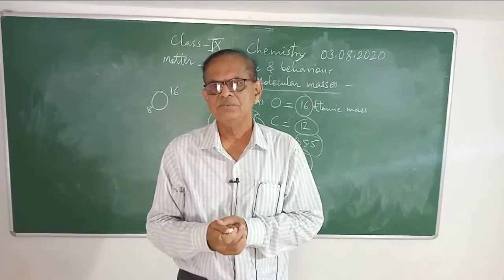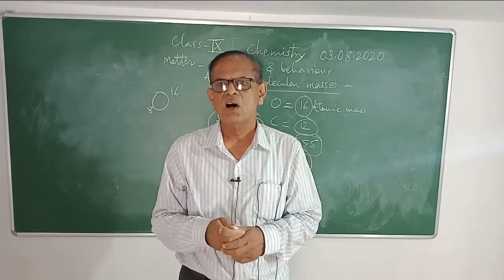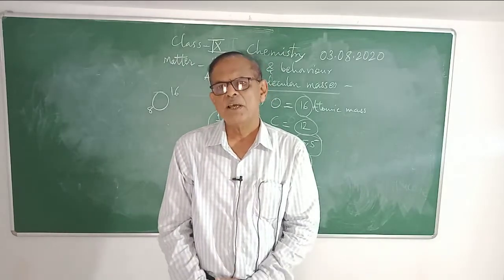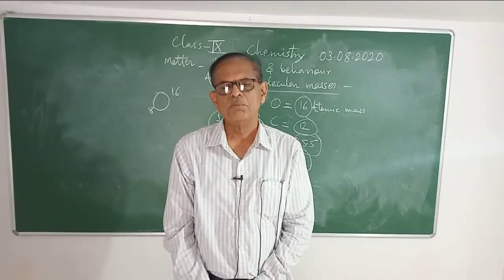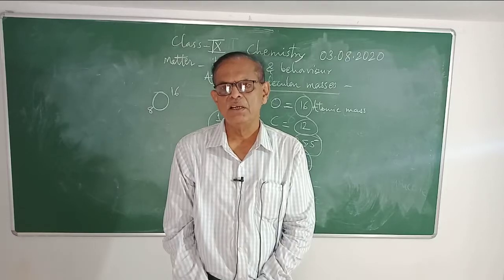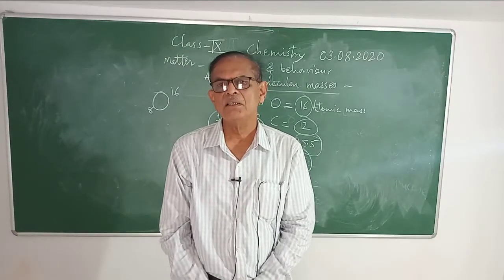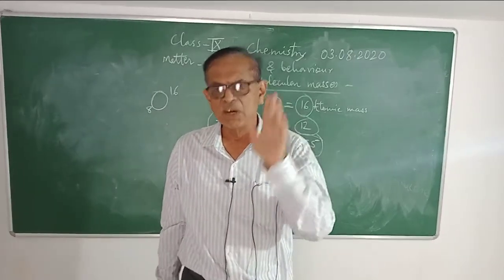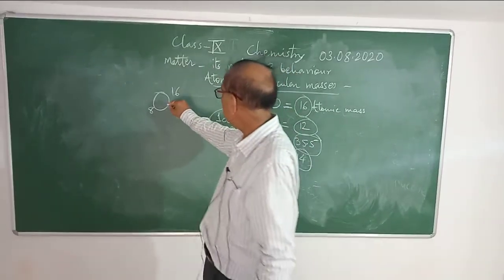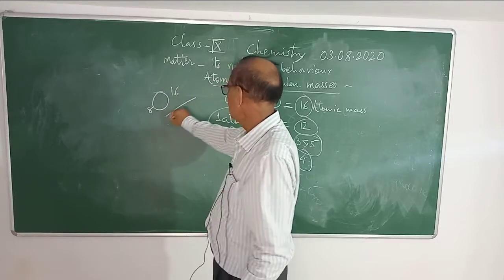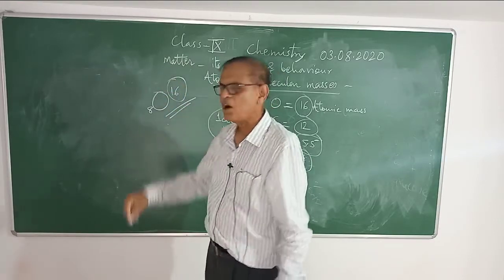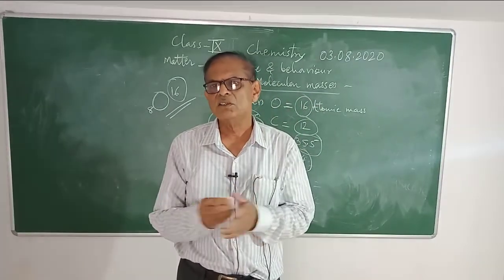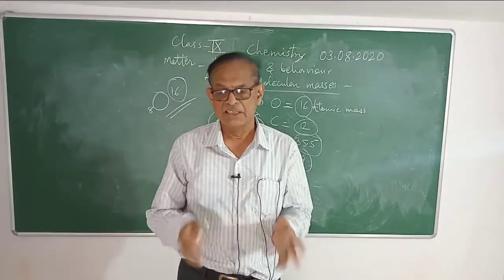So again, the atomic masses of various elements are obtained by comparing the mass of one atom of the given element with the 1/16 part by weight of O16. Now 1/16 part by weight of O16 means 1. So in this way, oxygen was taken as standard later on.